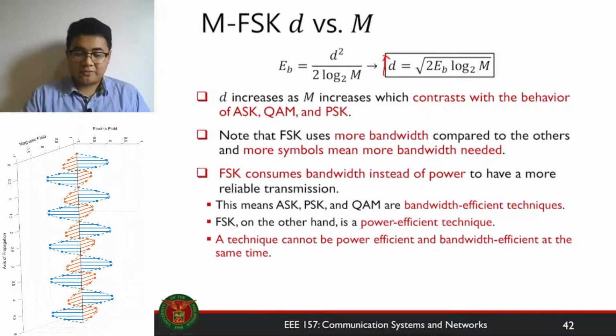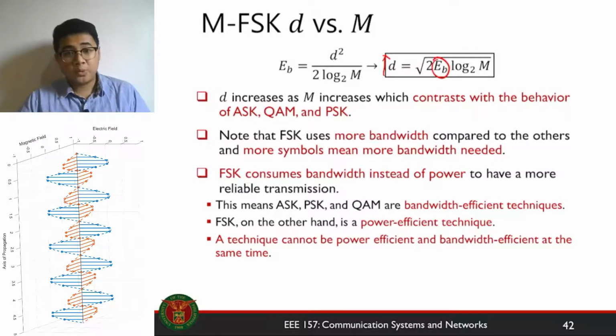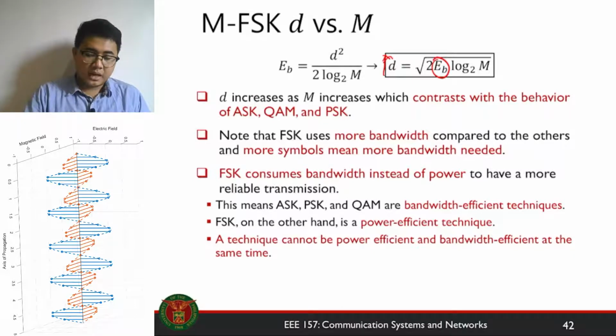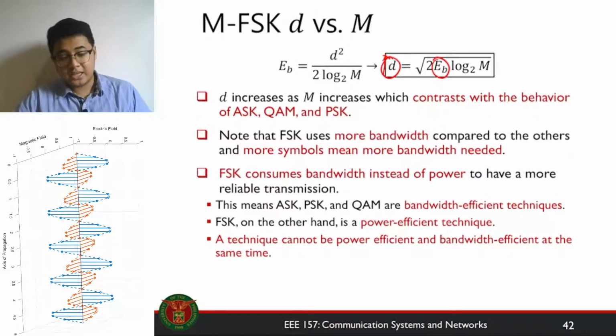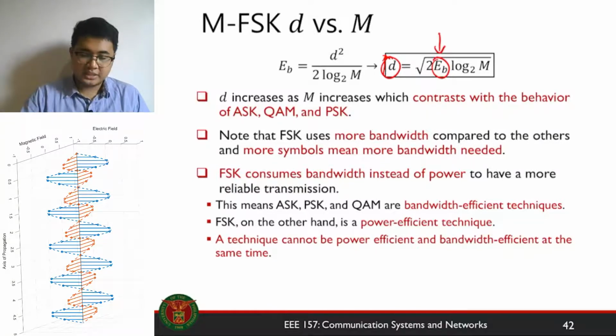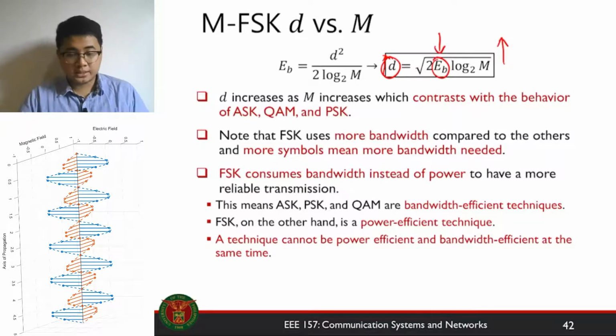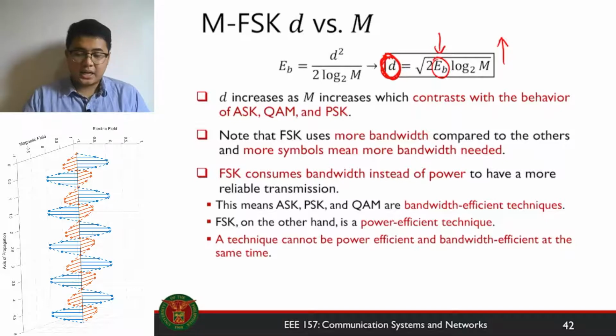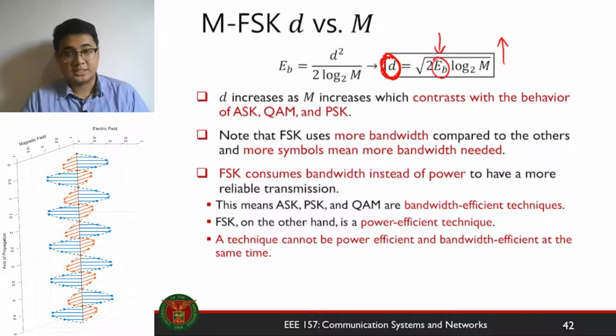Even if we have a very low E sub b, we can maintain a large reliability if M is greater. So if E sub b is lower, then M should increase so we can maintain the same reliability. Okay? So this is at the cost of larger bandwidth use in the system.